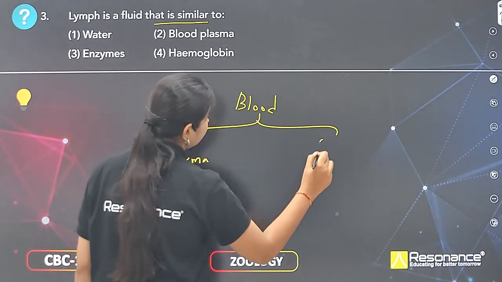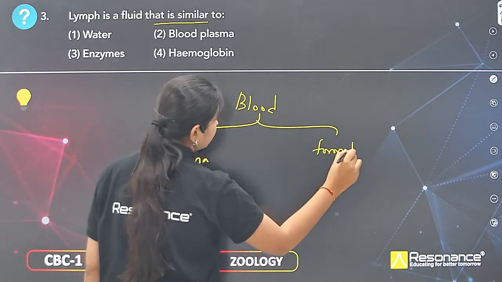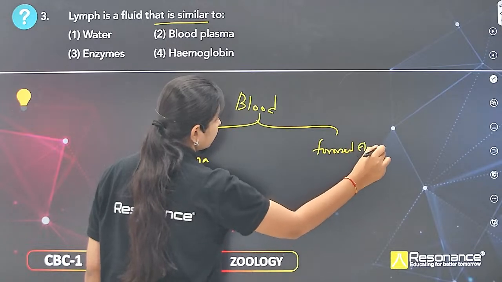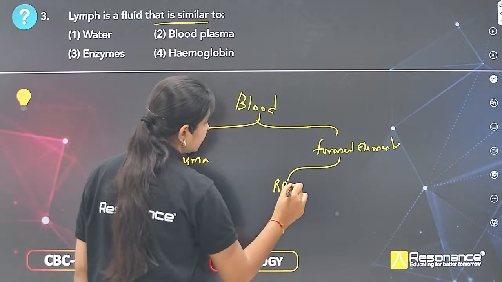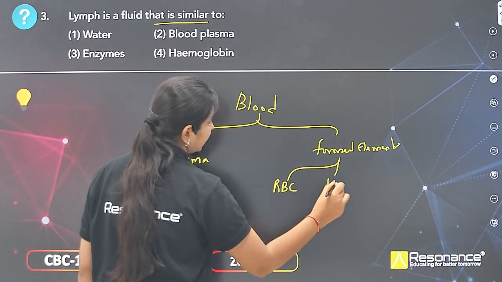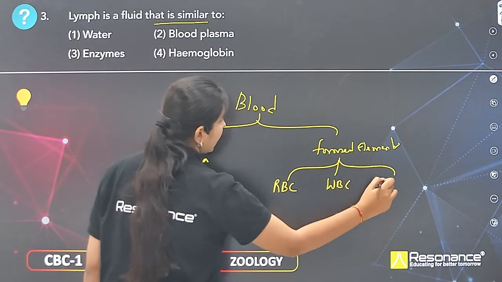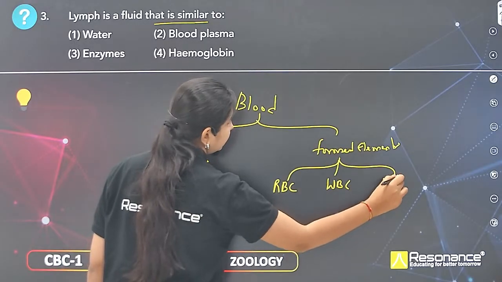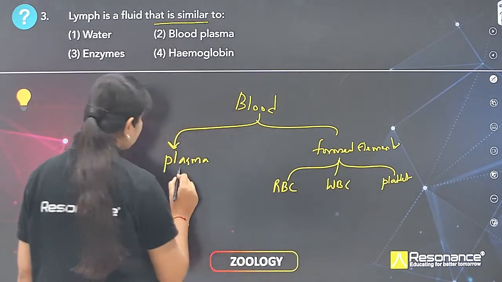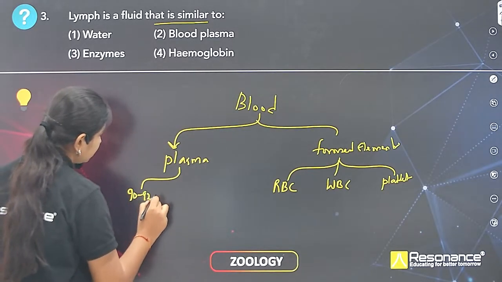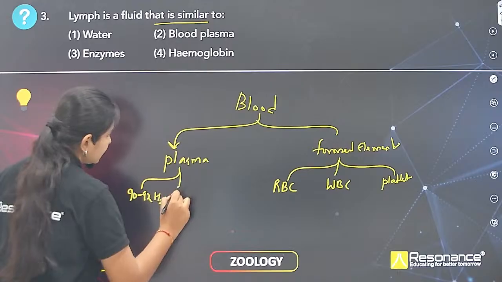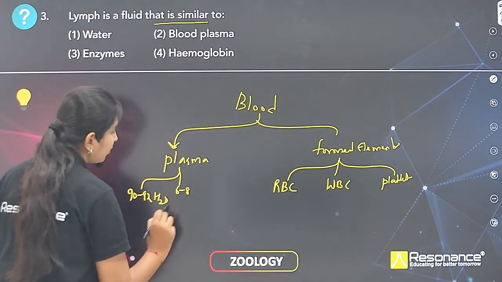The formed elements, right? Now the formed elements consist of our RBC, WBC and the platelets. The plasma is made up of 90 to 92% of water, 6 to 8% of what?